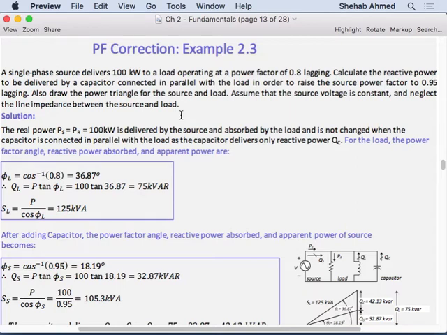If you remember, V over F constant means that the flux in the air gap is constant. So if the flux in the air gap is constant, then you will be able to produce a controlled value of torque that is between the minimum torque and the breakdown torque of the machine. And if the flux is constant, then the reactive power is constant.